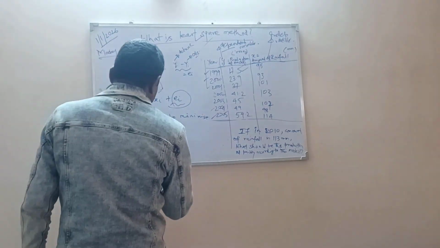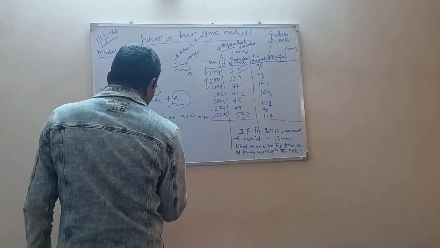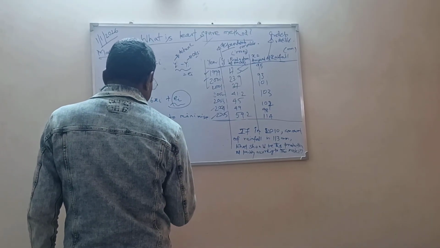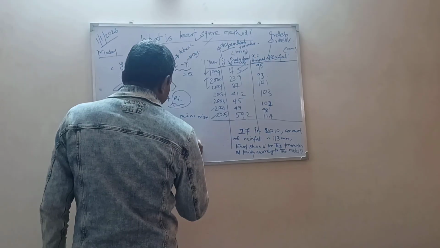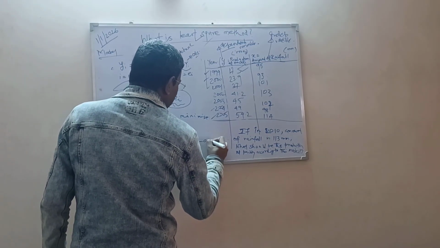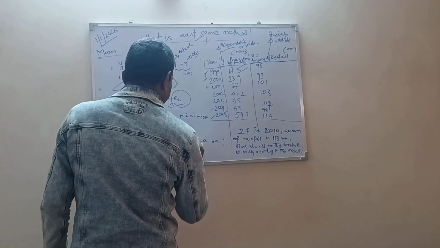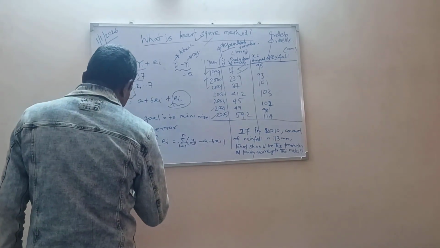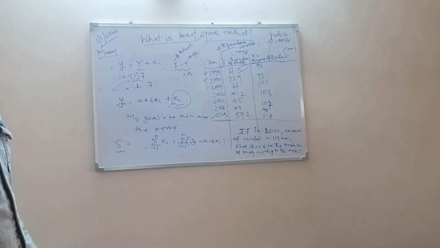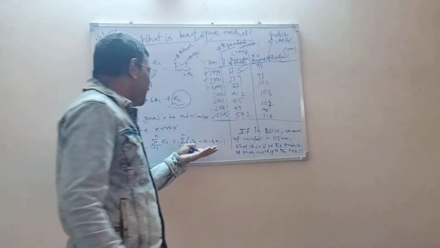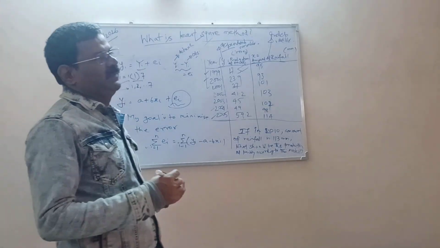I can do that simply by taking the summation over i from 1 to n of ei, which is the summation i from 1 to n of yi minus a minus b xi. If we call this S, my goal is to minimize S. But there is a problem. Let's draw a picture and understand the problem.